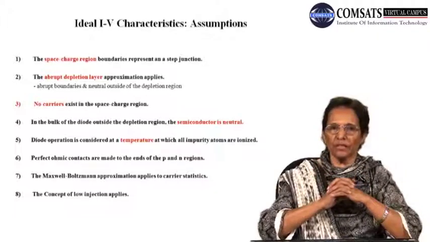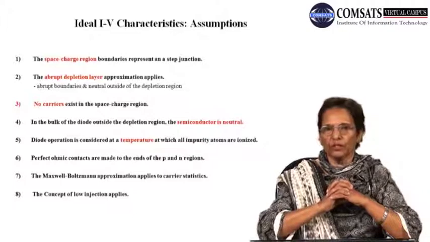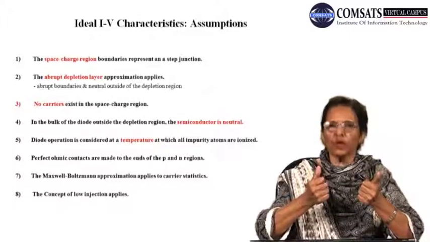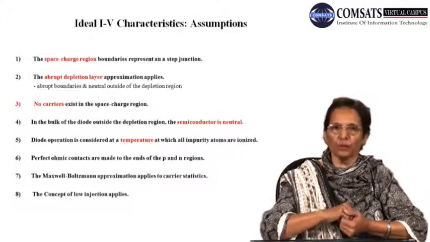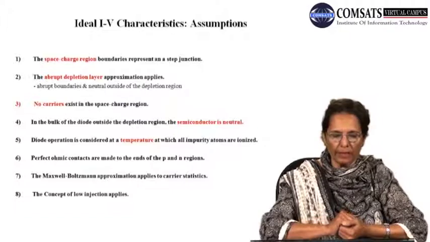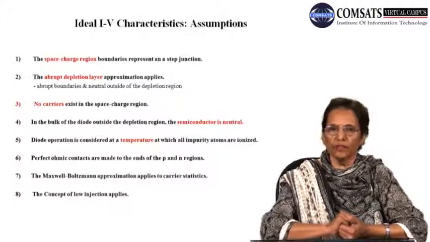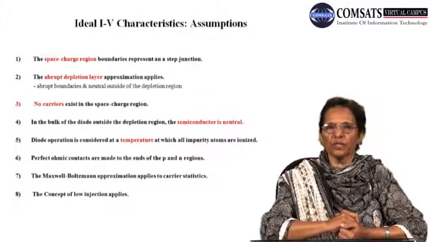Hence, the depletion region cannot contain any majority or minority charge carriers, that is, it is completely or almost free of mobile charge carriers, and that's our assumption number 3, that no carriers exist in the space charge region or in the depletion region. We alternately use 2 terms for this region.